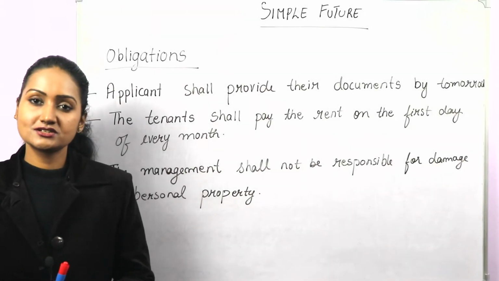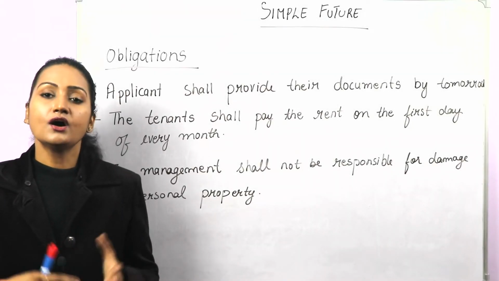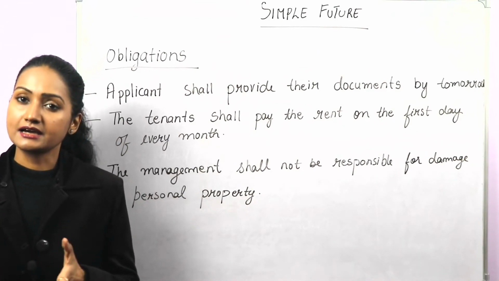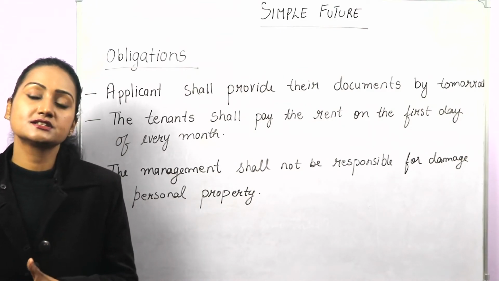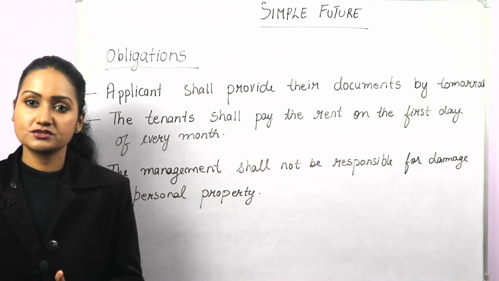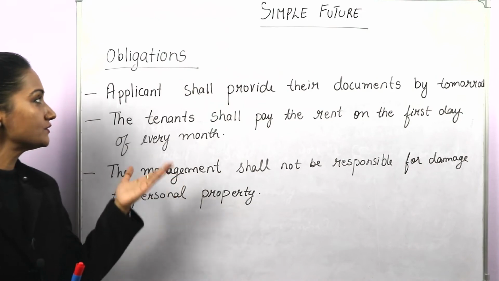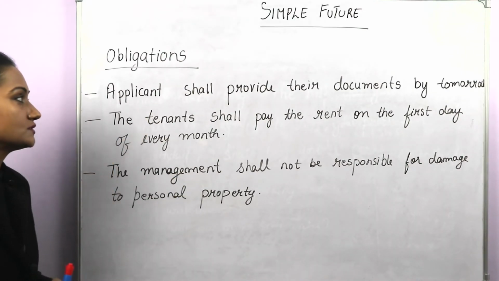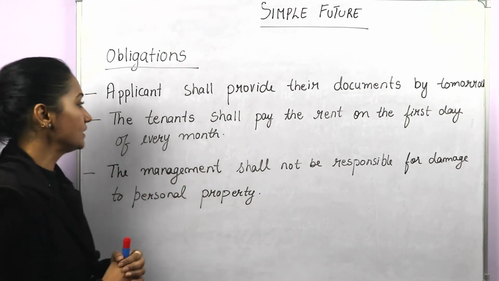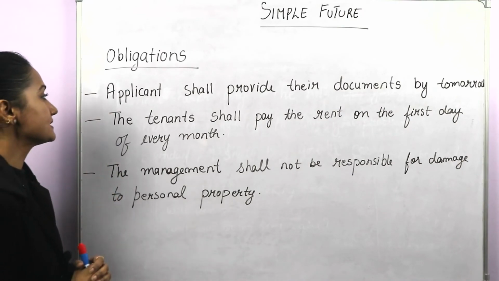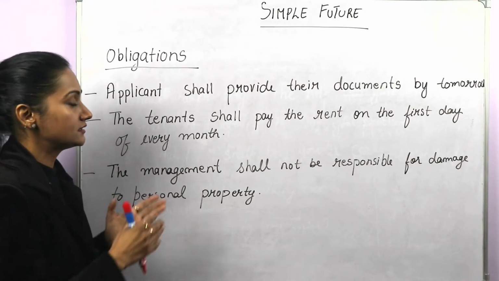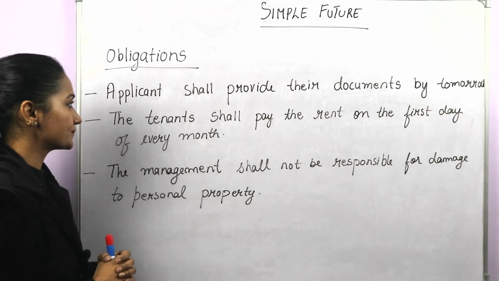The last situation is obligation. Obligation means an act to which a person is morally or legally bound, a duty, a commitment. Okay, so whenever we have this kind of situation, we can use shall. How? Let's see. First is, applicant shall provide their documents by tomorrow.